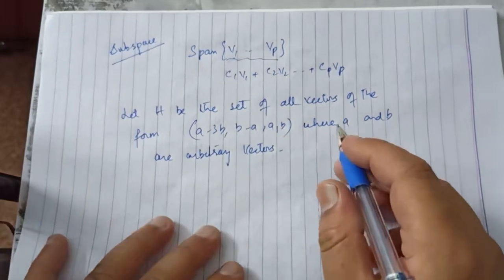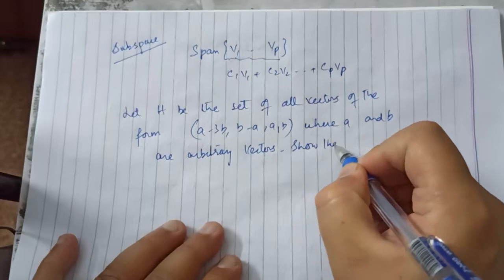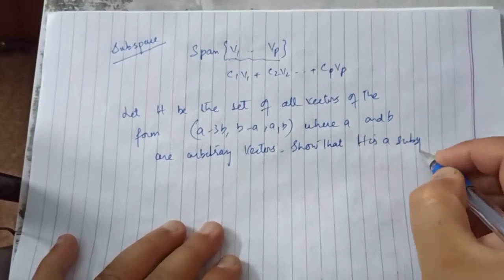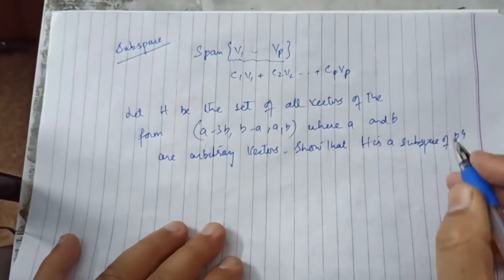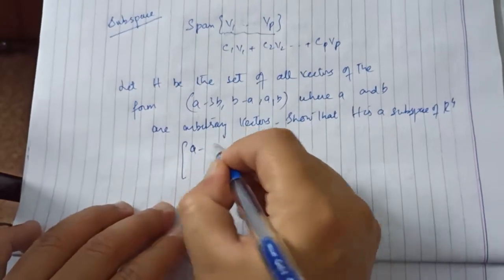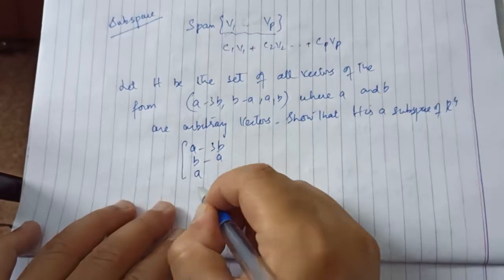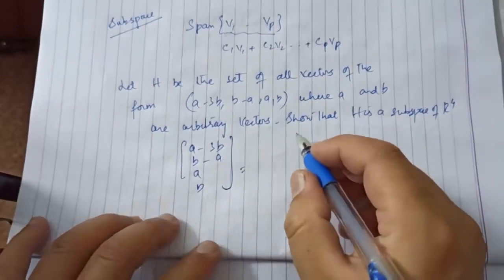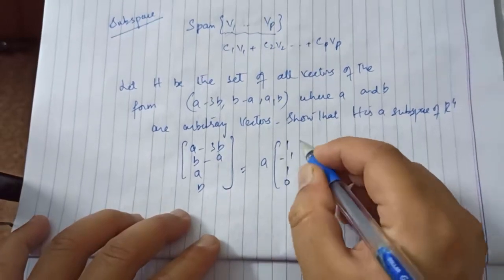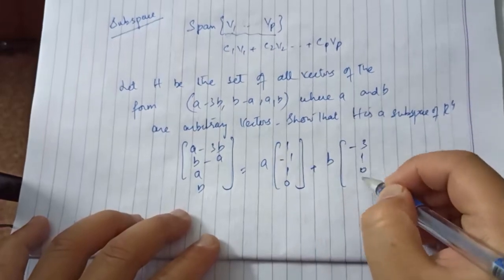So then what we have to do is show that H is a subspace of R4. We can write this as (a minus 3b, b minus a, a, b), and you can write this as a times (1, minus 1, 1, 0) plus b times (minus 3, 1, 0, 1).